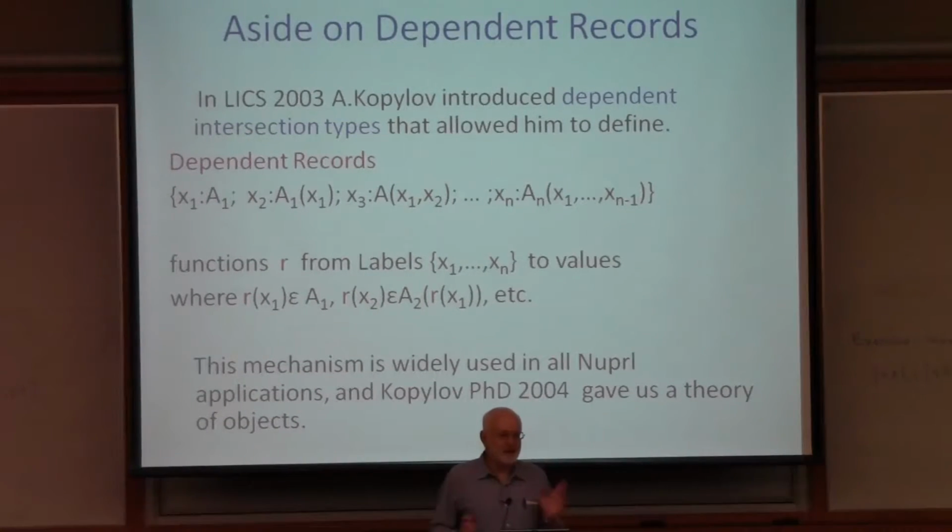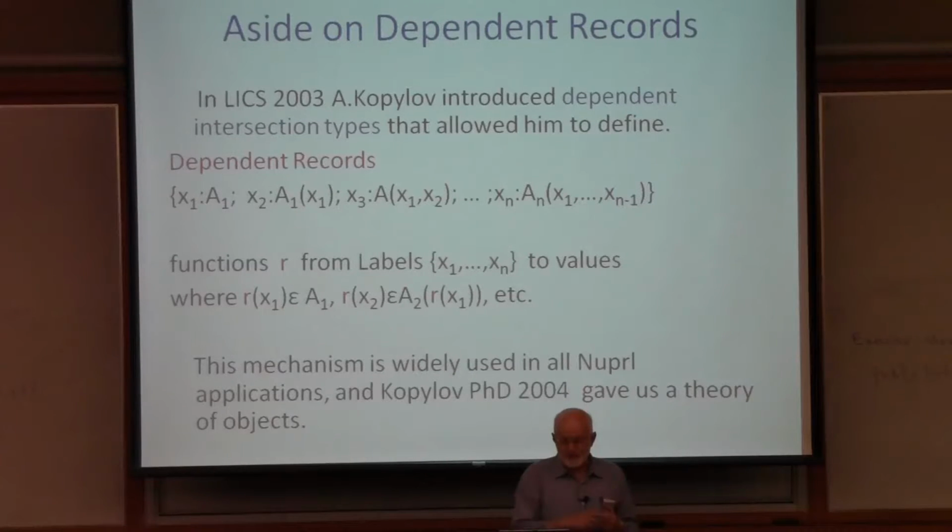And when he discovered that, we rebuilt the whole NuPRL library, which we could do automatically, to use this type. That gives you a measure of the significance of a discovery by a graduate student. This was an amazing discovery that caused us to change how we did everything.